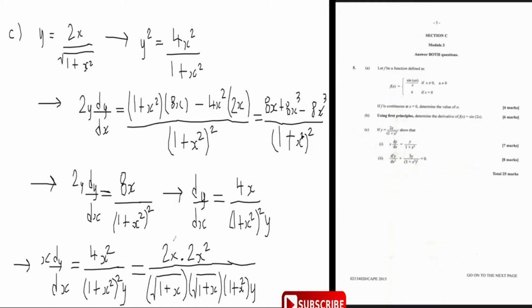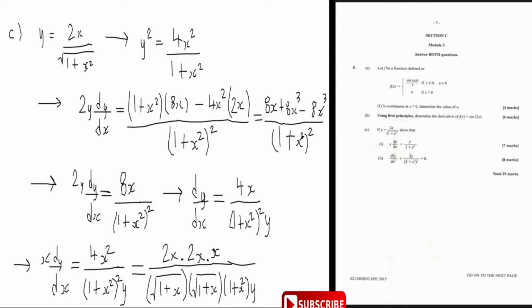Now look at this now. What is 2x over the square root of 1 plus x squared? But look at this, we don't even have to write the numerator as 4x squared.